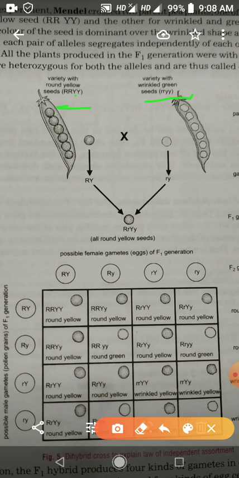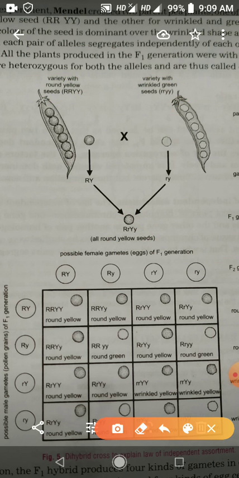And when there is the cross between round yellow and wrinkled green, then in the F1 generation the phenotype is round yellow. This is the parent generation, and this is F1 generation.